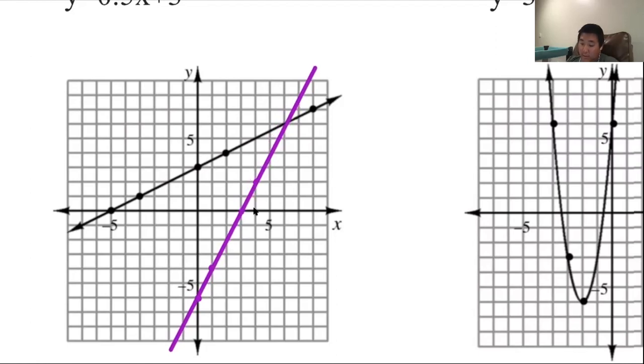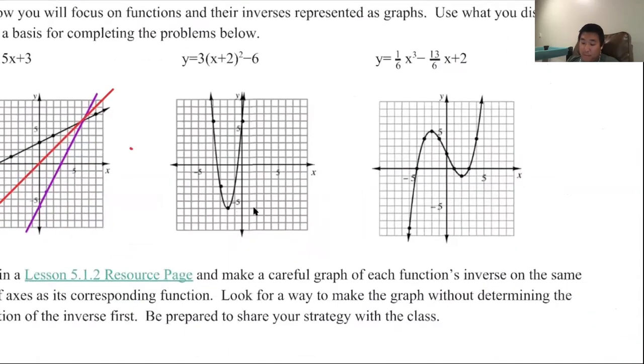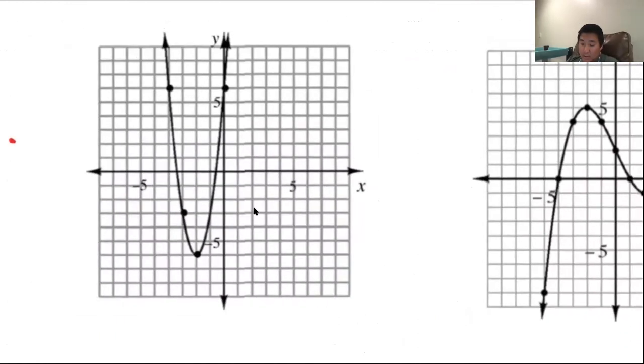And what I will tell you is this intersection point is on the line y equals x. So this point, weird graph, has 6, 0. So I'm going to go 0, 6. And this one is 1, 2, 3, 4, so 4, 6. So I'm going to go 6, negative 4.